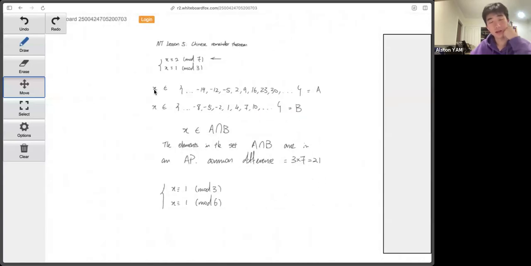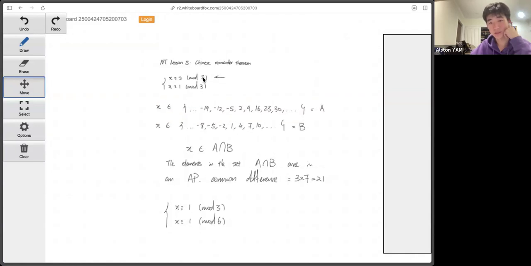You might suspect that these two situations will be a little bit different. Why is that? Because, like I've said before, 7 and 3 are coprime, but 3 and 6 are not coprime. There's some relation in how 3 divides into 6.